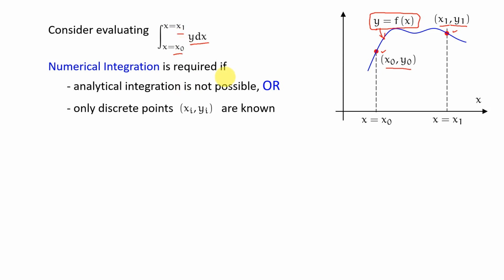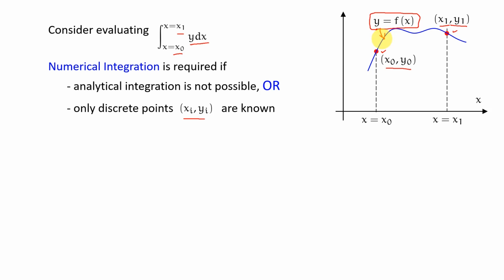Why do you need to do that numerically? Numerical integration is usually necessary when we have only the discrete points xi, yi, and we really don't know anything about the underlying function that is probably generating these yi's. But in this case, if we know y equals f of x, can't we do an analytical integration?